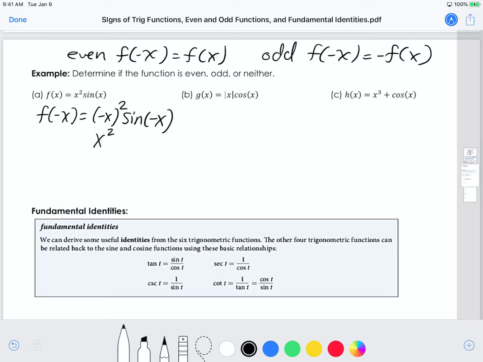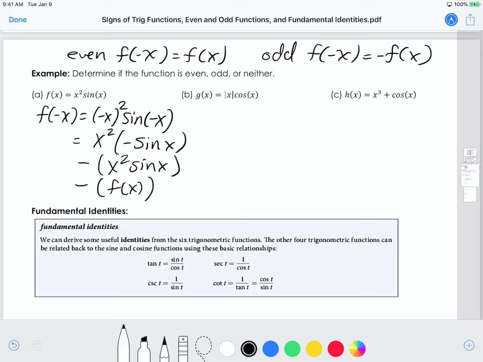If I replace x with a negative x, I'm going to get out the opposite value of my function. I'm going to get negative sine x. Now, if I clean this up a little bit and pull that negative 1 in front, this x squared sine x is my value for f of x.